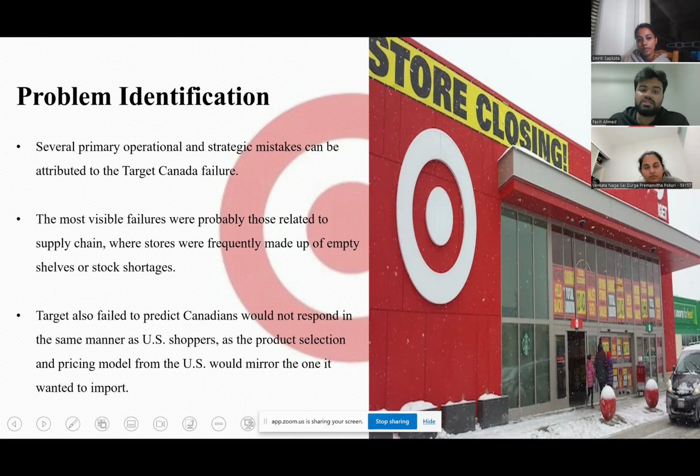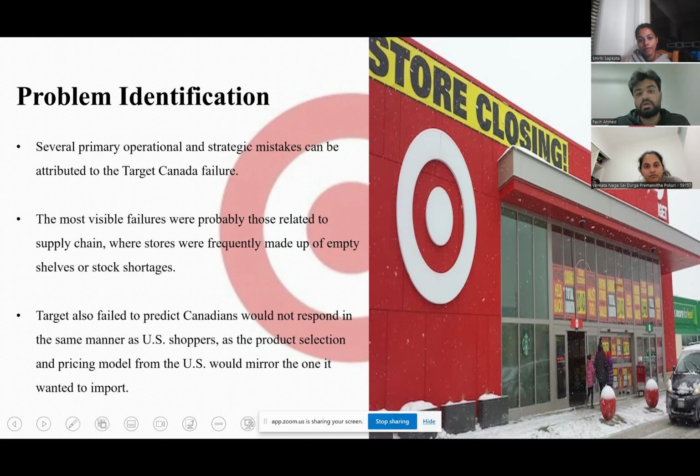Problem identification. Several problems were identified. A combination of operational challenges, misinterpretation of the market, and unrealistic financial expectations led to the failure of Target in Canada. Target faced frequent stock shortages as well as empty shelves that alienated customers, one of the main operational problems.